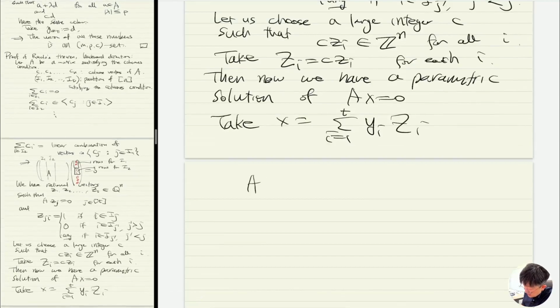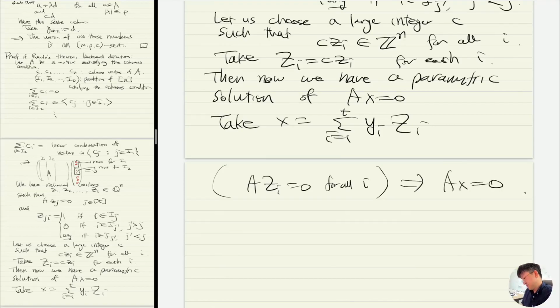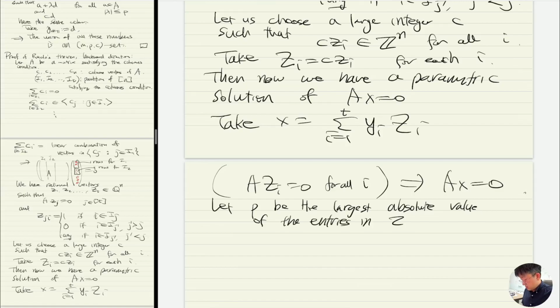Because note that A times Gi is 0 for all i. So Ax is 0. So let P be the largest absolute value of the entries in G1, G2, up to GT.